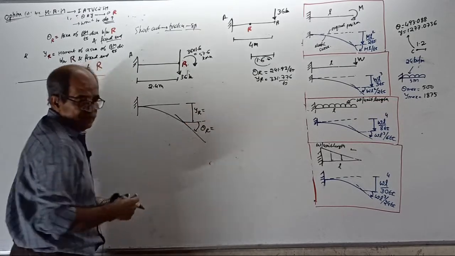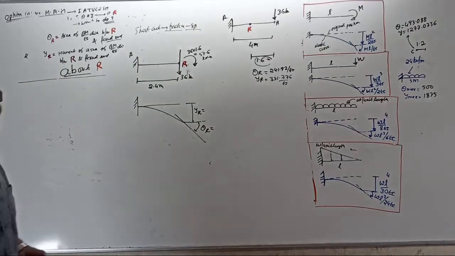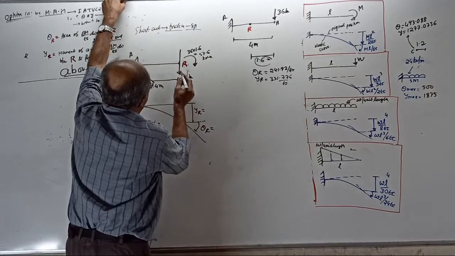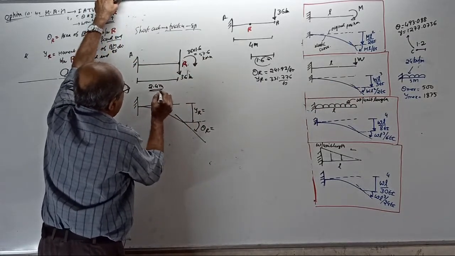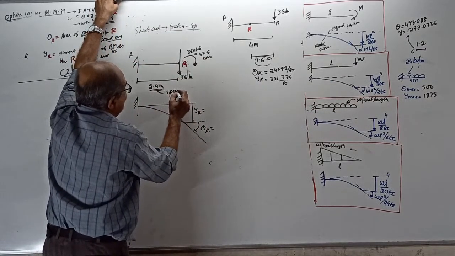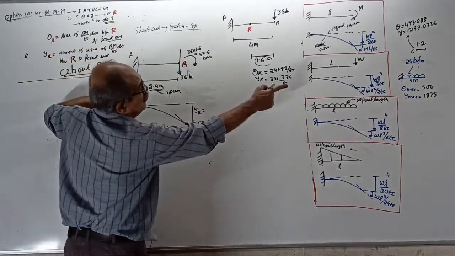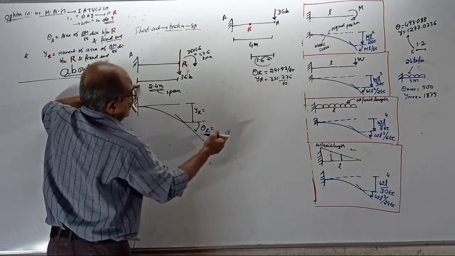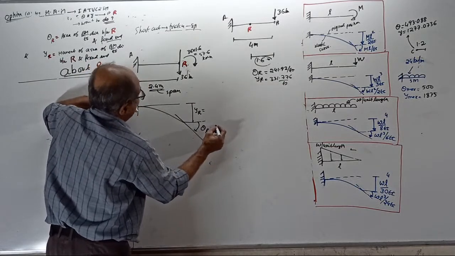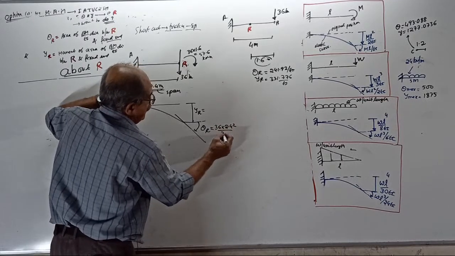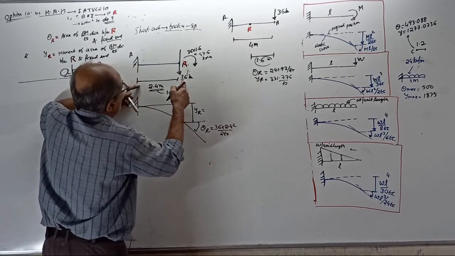Start. Now, see the formula there. Write the formula. For a point load, your 2.4 meter will become the span. Remember, 2.4 will become the span. Theta formula: what is the formula? WL square by 2EI, that is 36 into 2.4 square by 2EI. That is for the point load.